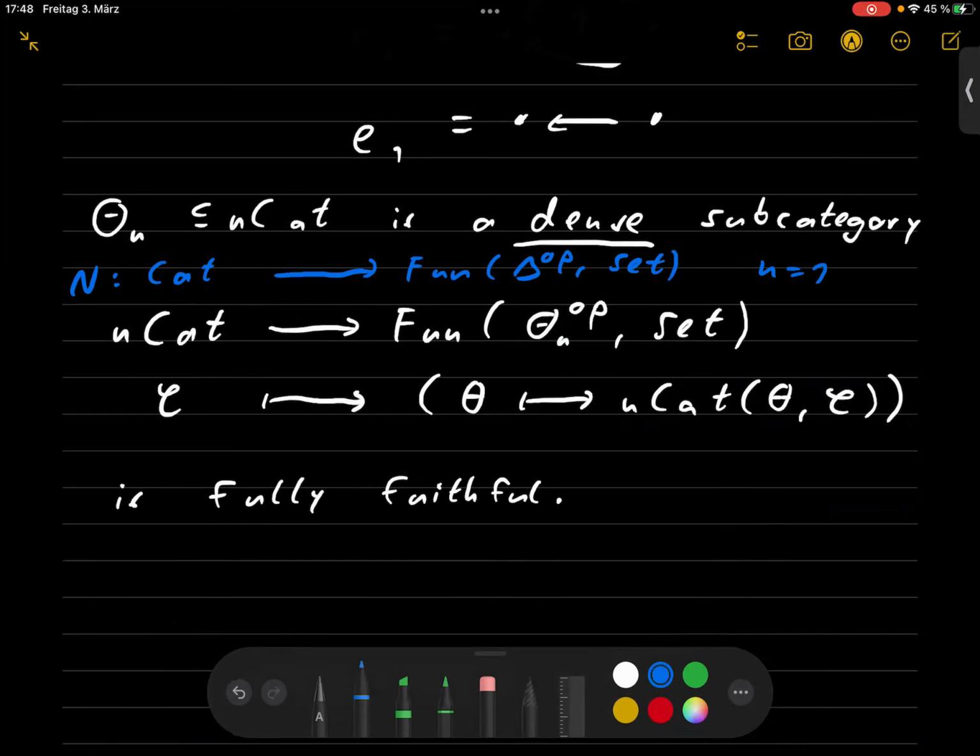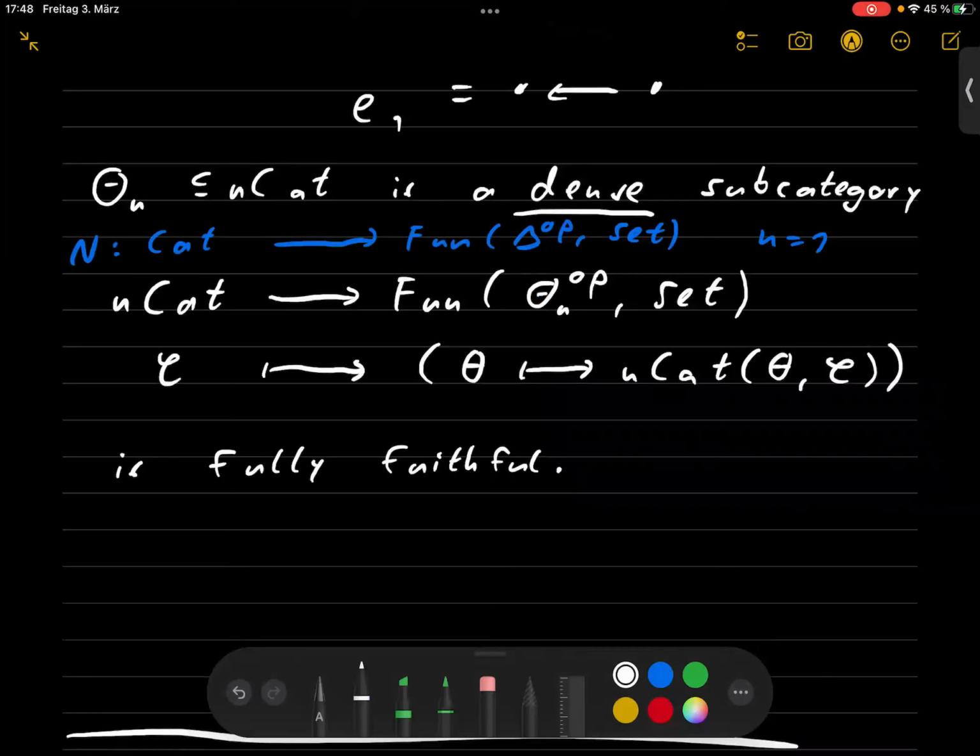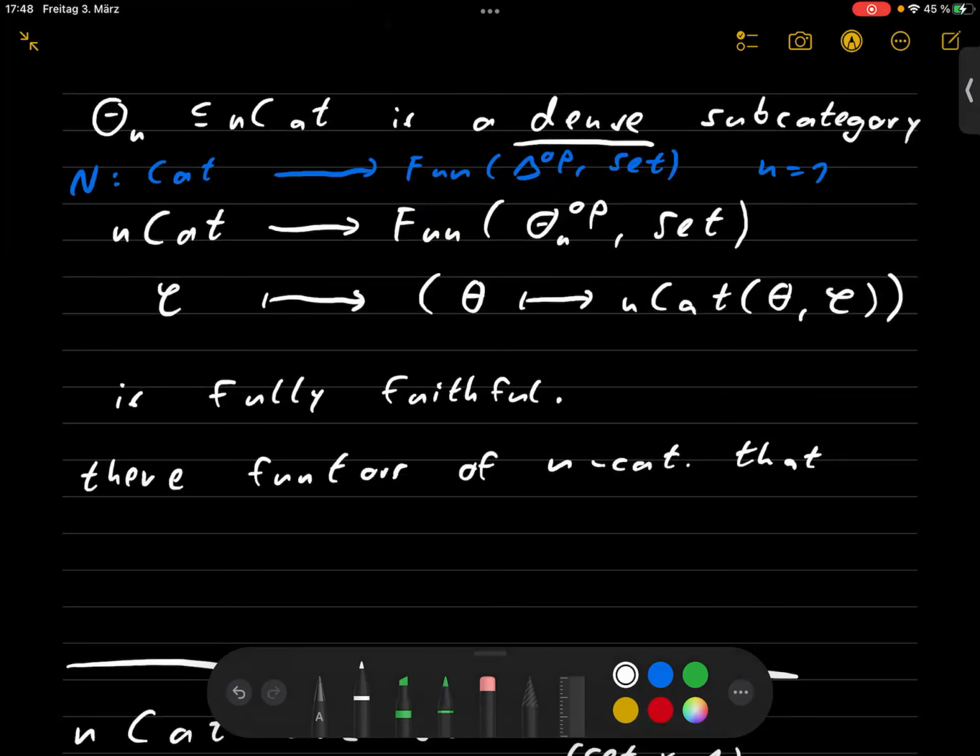So in n-categories, there are functors of n-categories that are not strictifiable, or at least morphisms and so on. So write higher morphisms in n-categories that are not strictifiable.